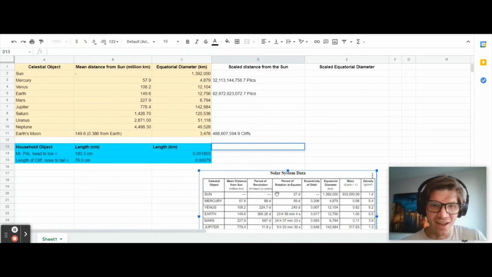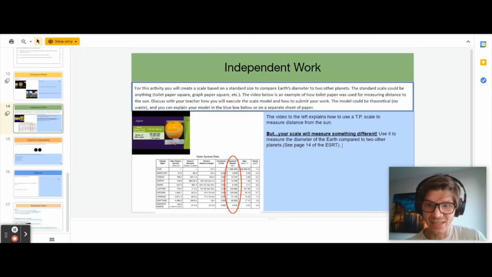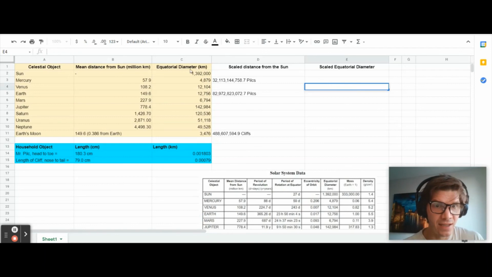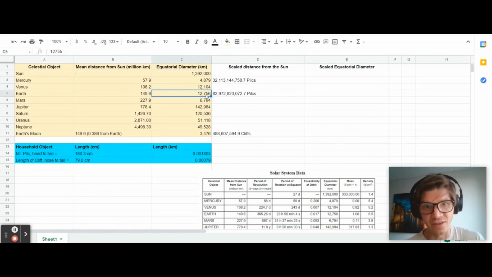I love him. All right, so we can look at one more question just because it did ask us to compare the Earth to other planets. So just to take a look at how we would do that, we see that the equatorial diameter of the Earth is 12,756 kilometers. So we can take the diameter of whatever celestial object we wanted to compare it to, and we can divide it by the diameter of the Earth.